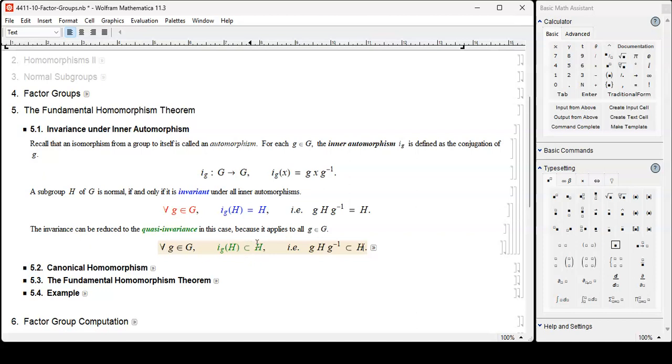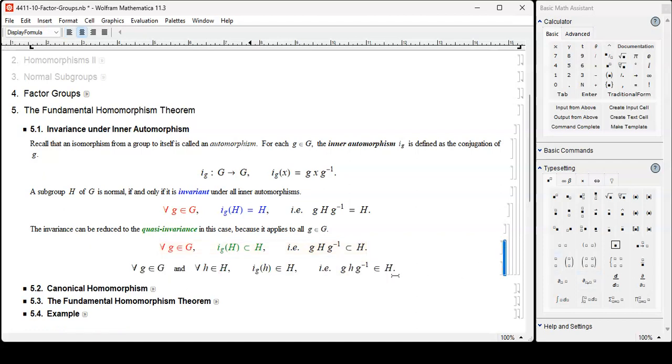This inclusion is true. The other inclusion may or may not be true, but as a matter of fact, we can prove it because of this, the red part. Remember that? We did it in section 3. The key part is this one, which I just highlighted in red. It works for all g of capital G. And by the way, here is the element expression of the same thing.